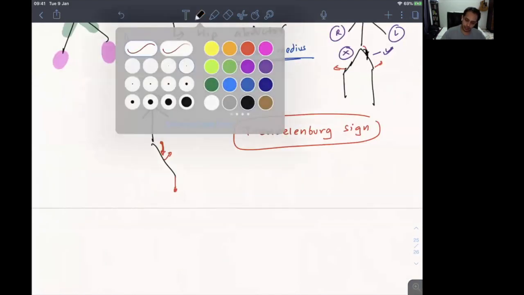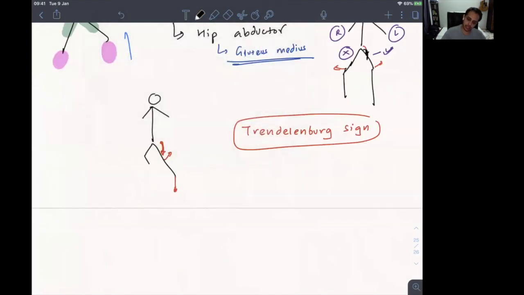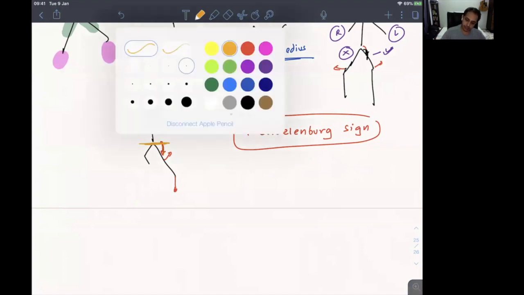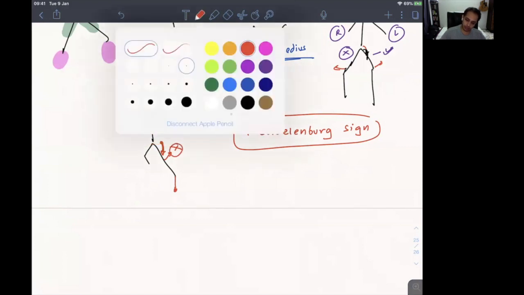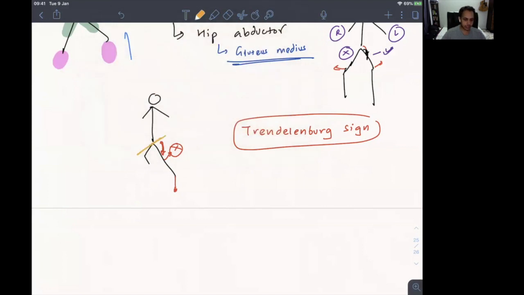If your one leg is lifted up, then your pelvic bone has a risk of dropping on that side. It normally doesn't because the opposite side gluteus medius contracts. But if there is a problem with this gluteus medius, if this gluteus medius is not acting, then the pelvic bone may drop on that side. And this is known as Trendelenburg sign.